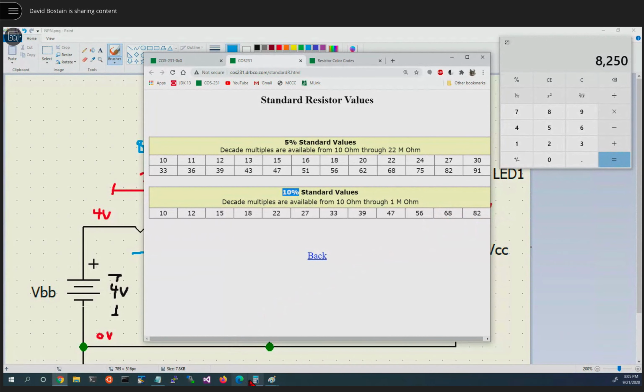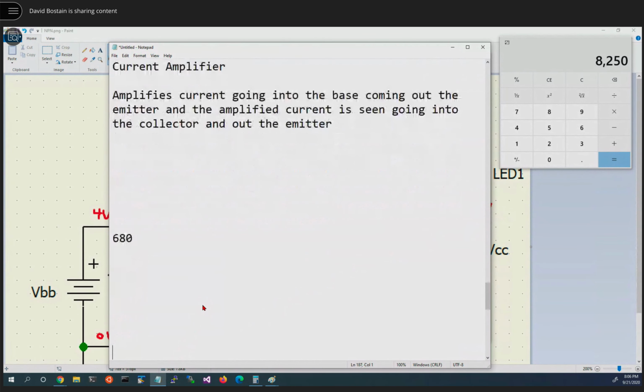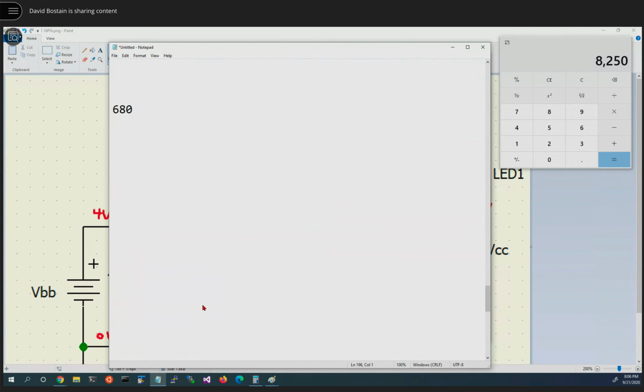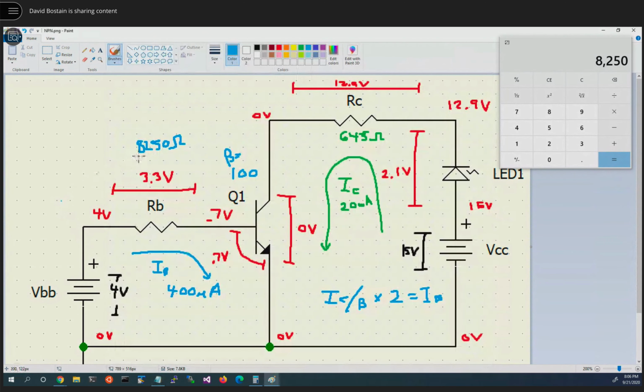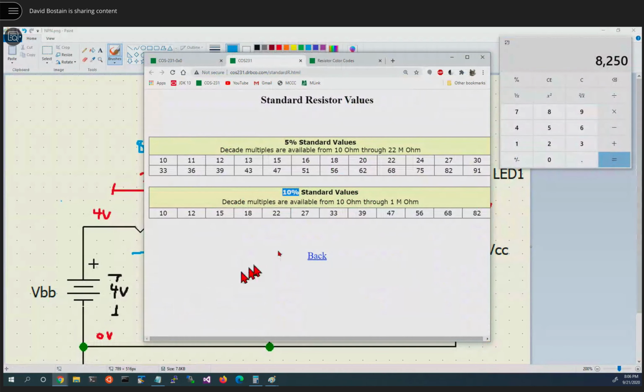So let me write that down for a second, just on a regular piece of paper. So 680 ohms. Now the other one we have, it begins with an 8.2. Well, it looks like we've got an 8.2 in both.